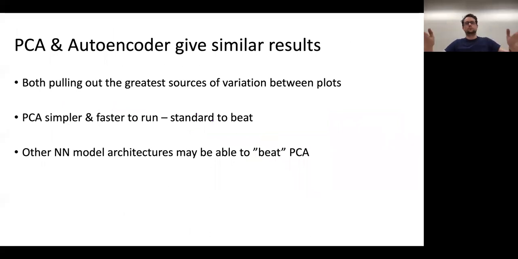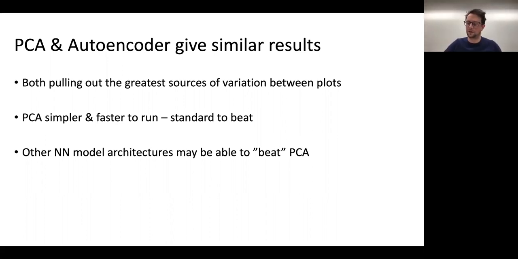So after all of that, something that I've deliberately not addressed yet is the fact that through all of the previous figures that I showed you, both PCA, shown by yellow, and the autoencoder, shown in purple, give really, really similar results. We are fairly confident that both of these are just serving to pull out the greatest source of variation between the plots.